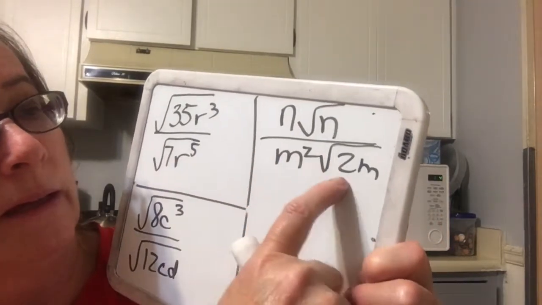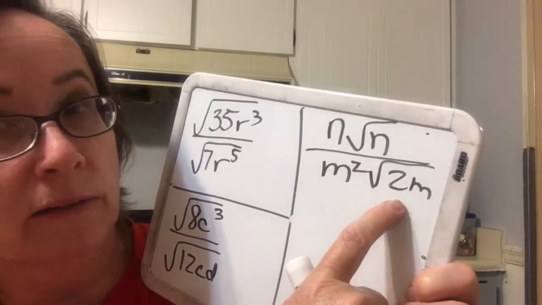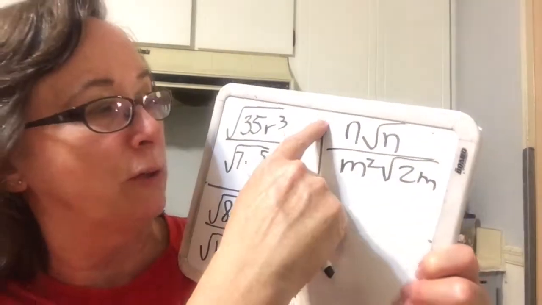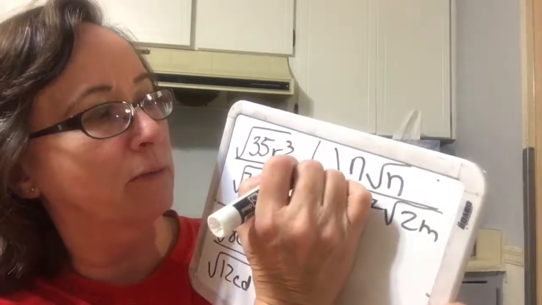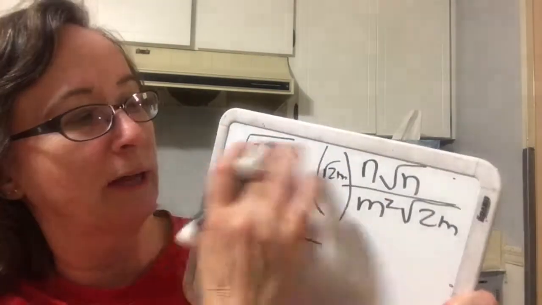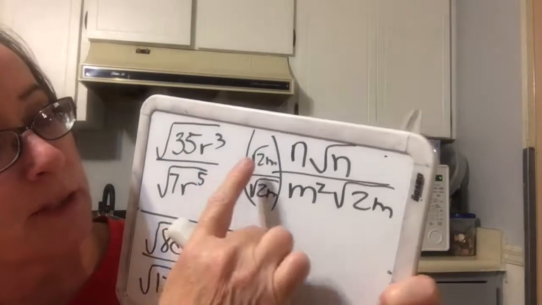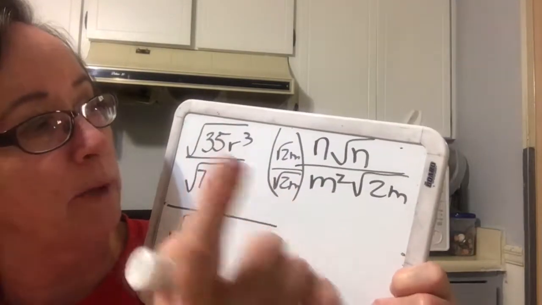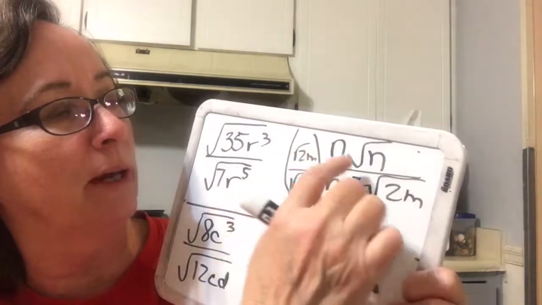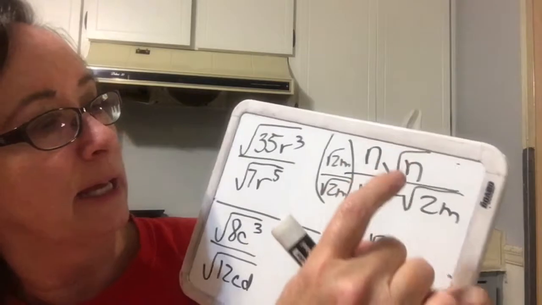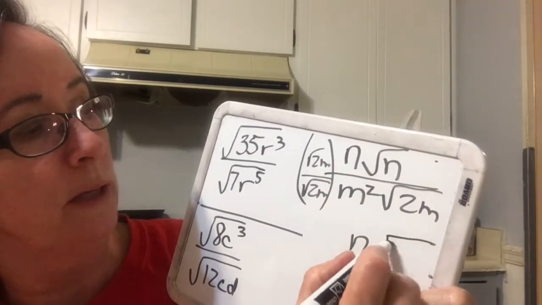And when we look at that, we say, oh, we've got to multiply by a radical 1. We've got to multiply by the square root of 2m in the form of 1. So we multiply by the square root of 2m over the square root of 2m. So now what do we have? n is out, and the square root of 2m times the square root of n is going to be the square root of 2mn.